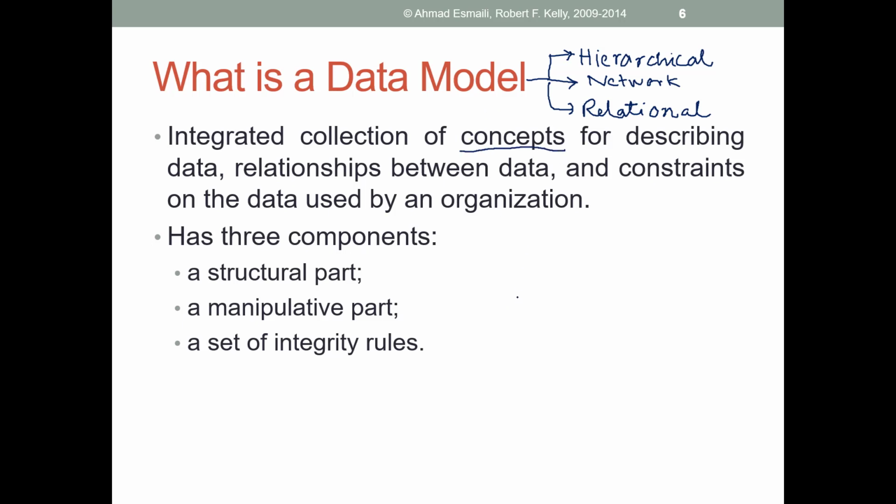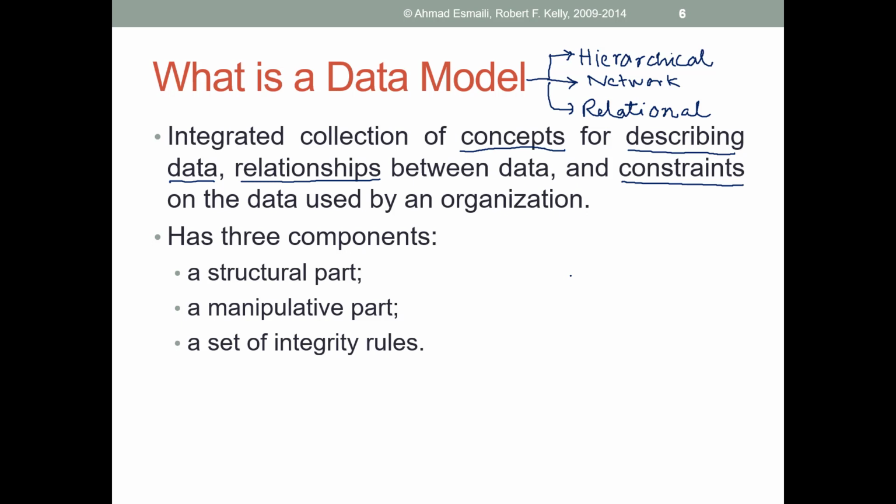These concepts are given for us so that we could describe the data, as well as the relationships between the data, and some constraints on the data. So there are three things in a data model which are vital. First, the concepts so that we can describe the data.